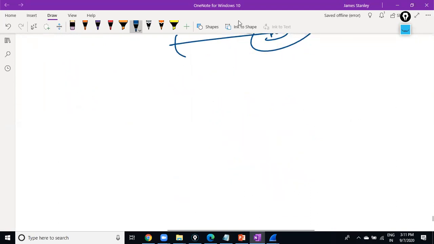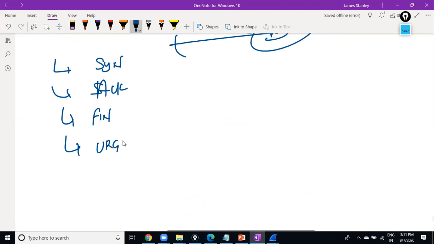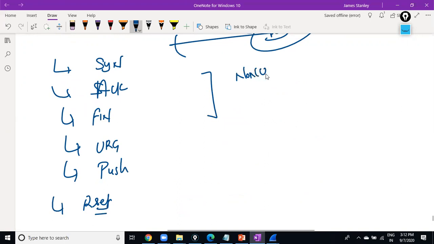So up to now we have discussed the following flags. First is SYN, then acknowledgement, then FIN, then urgent. After that it's push and reset. Okay, the nonce is there, that is for future use. One experimental is there, that is also for future use.